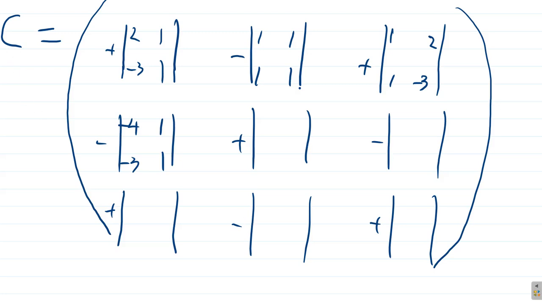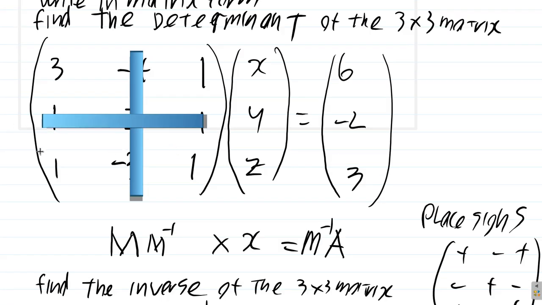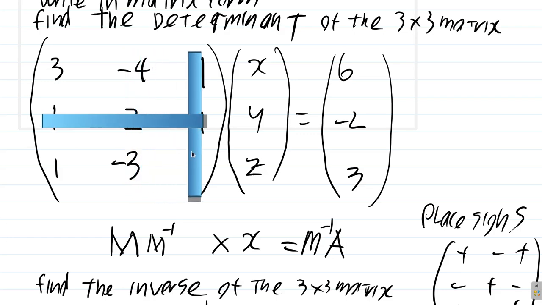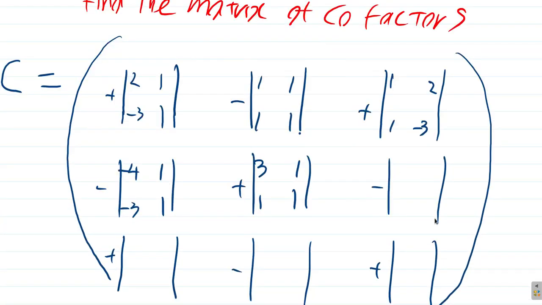So we have 3, 1, 1, 1. Then in row 2, column 3, cover this, and we have 3, negative 4, 1, negative 3 uncovered.